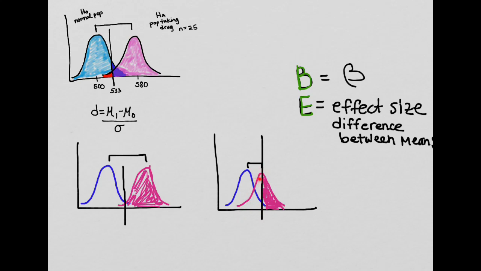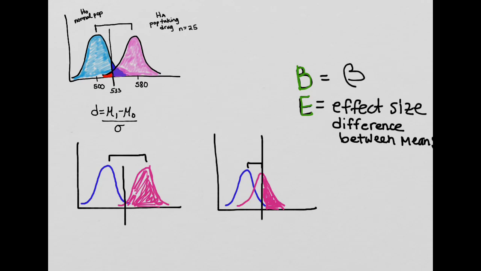So almost half the time here, your sample mean is going to fall under the critical value for the null hypothesis, and you're going to accept the null hypothesis. So this is all beta, type 2 error. And then the power is a lot lower here because beta is bigger on this side. So that's the relationship between the effect size and power.